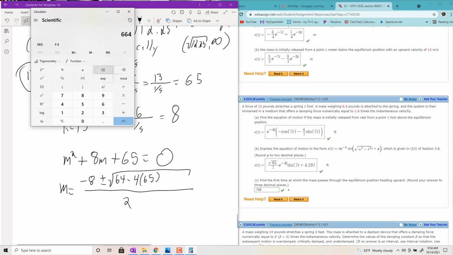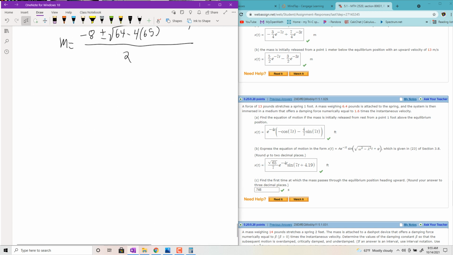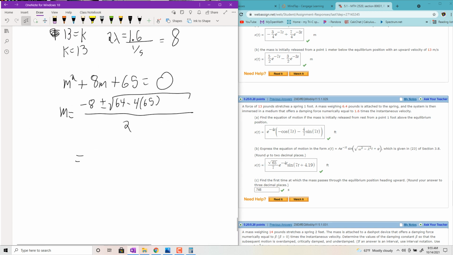Let's just go 4 times 65 minus 64, and then take the square root of that. That's 14, but it will be negative, so it's 14i. So -8 plus or minus 14i all over 2. And then I can simplify that to -4 plus or minus 7i.